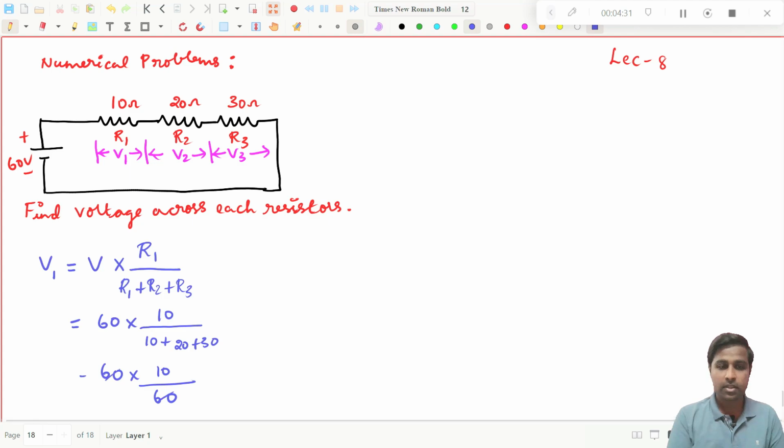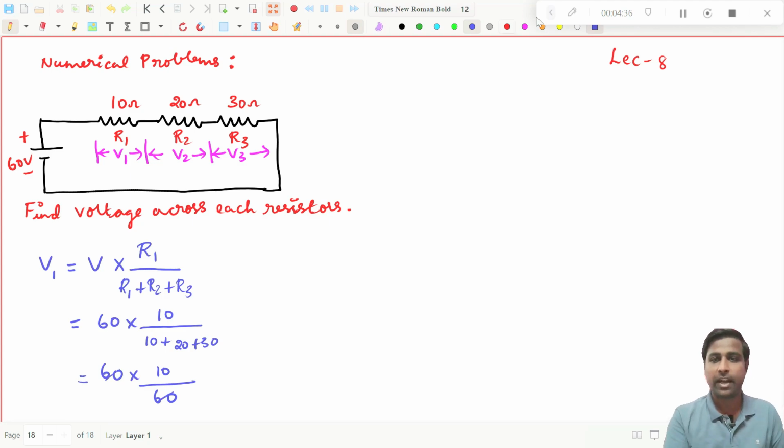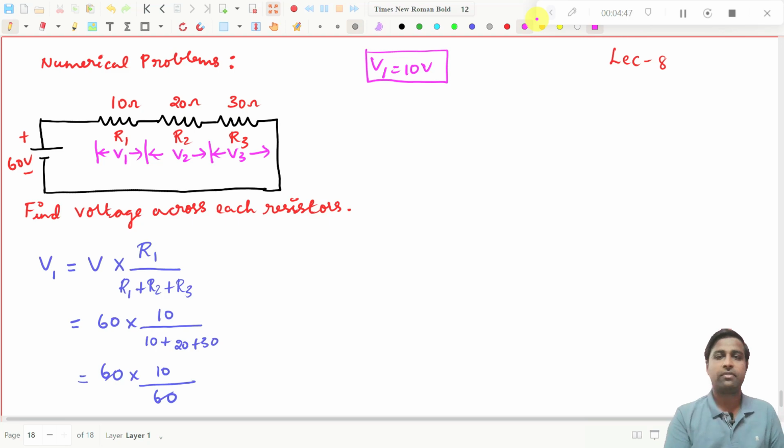So this 60 will be cancelled out, and you will get 10 volt. Final V1 is equal to 10 volt. So this is the final answer.